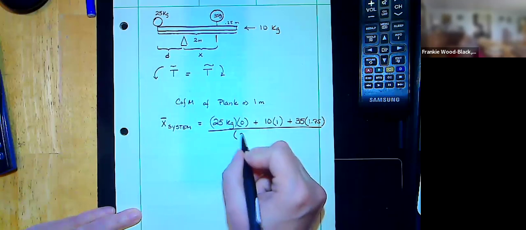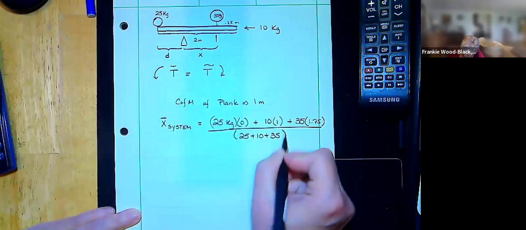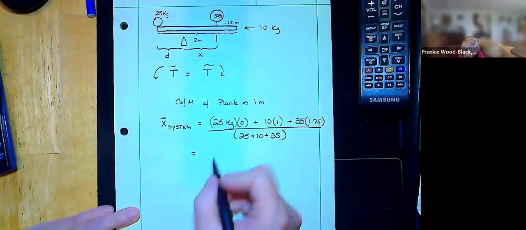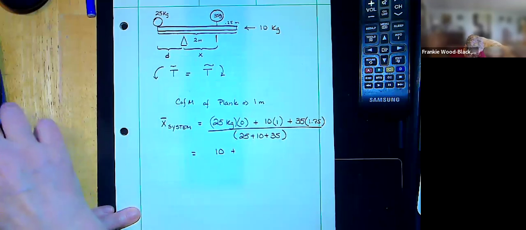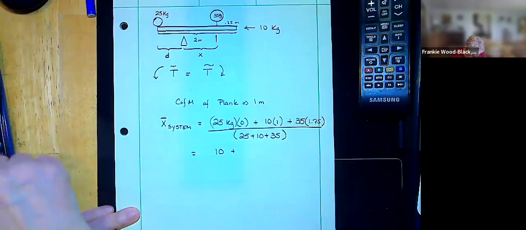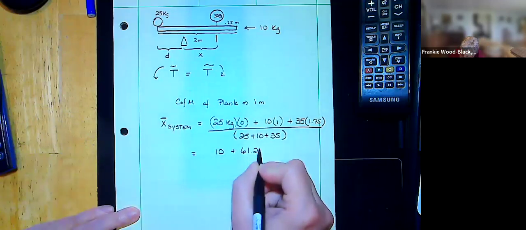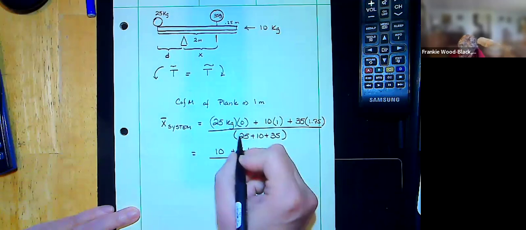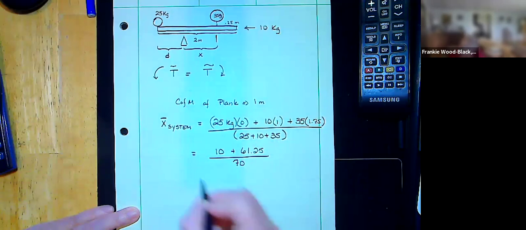And my total mass is 25 plus 10 plus 35. So we're going to get 10 plus 61.25, and I've got 35 plus 35 is 70.